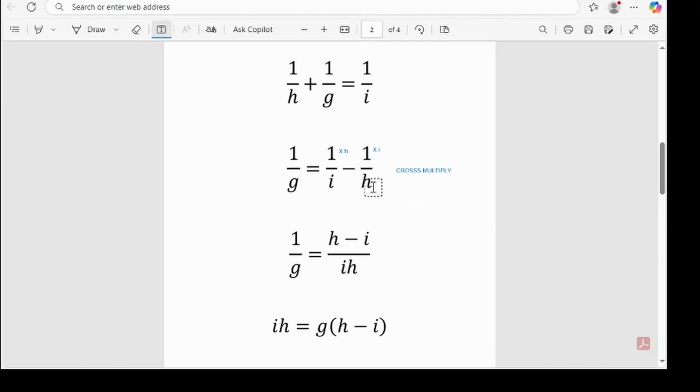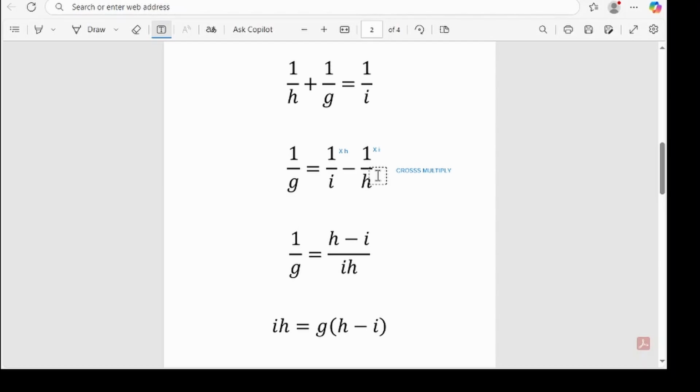Okay, so h will multiply 1 here, 1 times h. I will multiply the numerator 1 here, that will be 1 times I. Then the denominator would multiply itself, so I times h. So that's how we do cross multiplication.